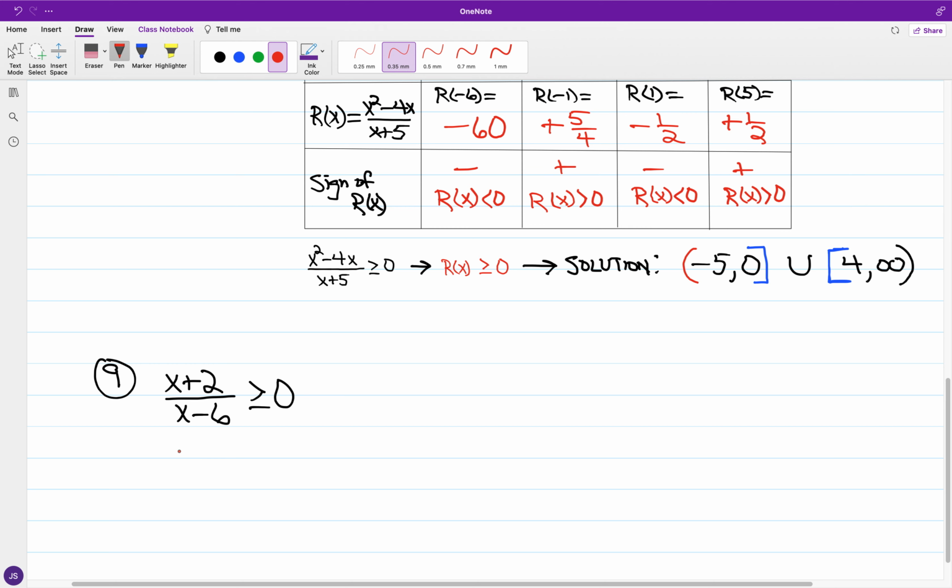And so we can say we also have r of x is greater than or equal to 0. All right. So we have r of x is equal to x plus 2 all over x minus 6.